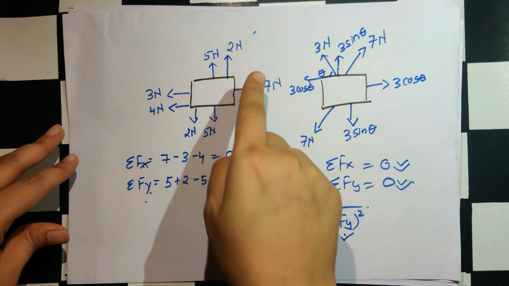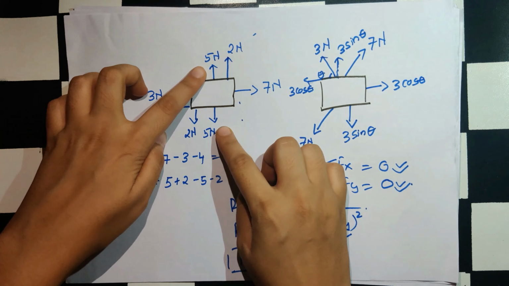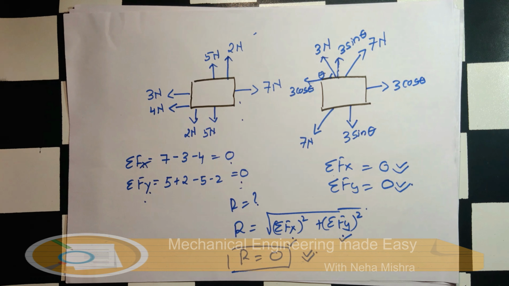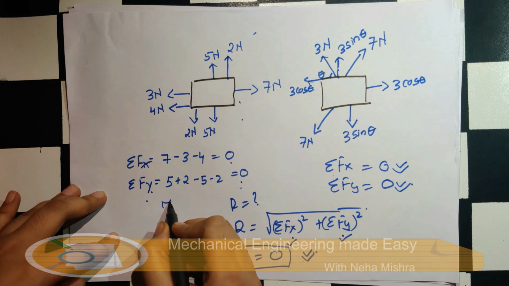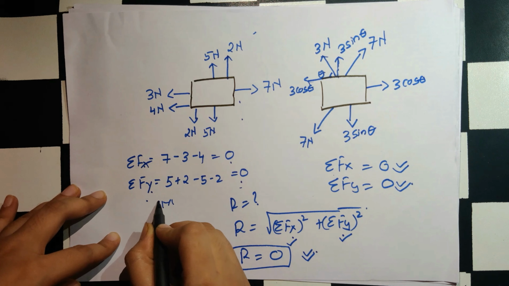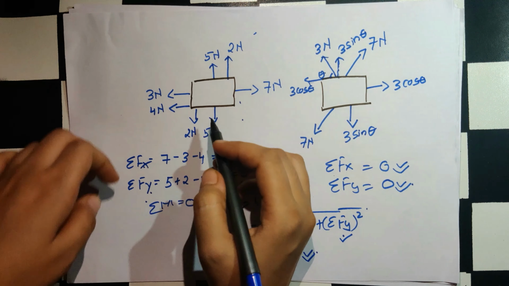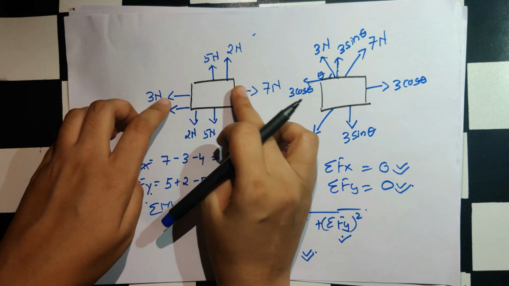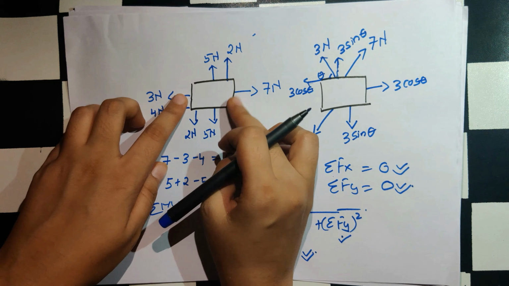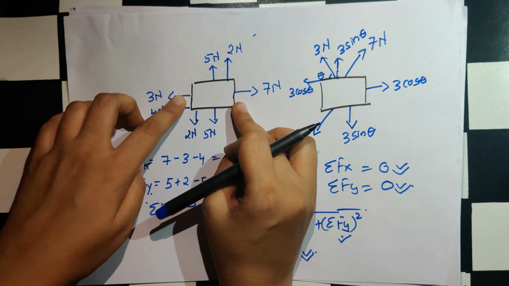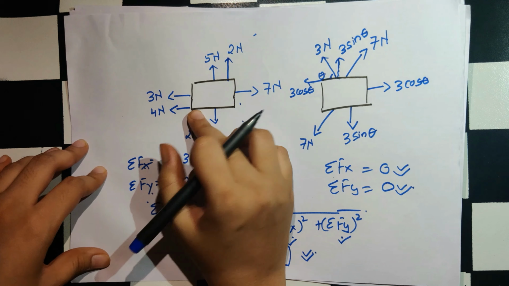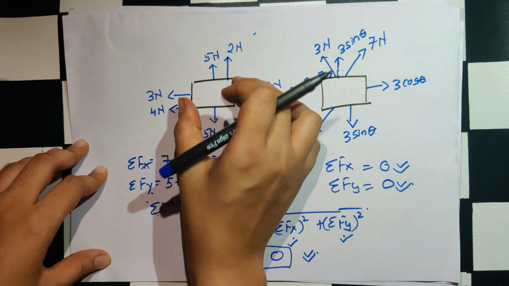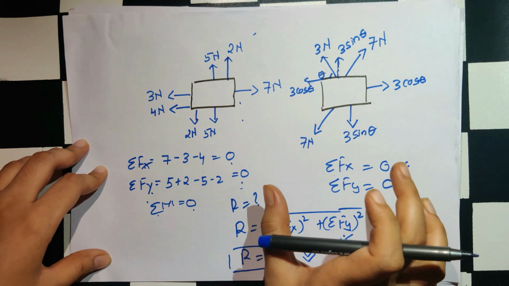Now see guys, this block is also not rotating in this direction or in this direction. Means what? Its moment is also 0. Moment means summation of moment is 0. Now because of this force, this block might move in this direction, but because of this force, it is balancing the block. Means what? Due to all the forces, your summation of moment is 0, such that this block is not actually moving in any direction.